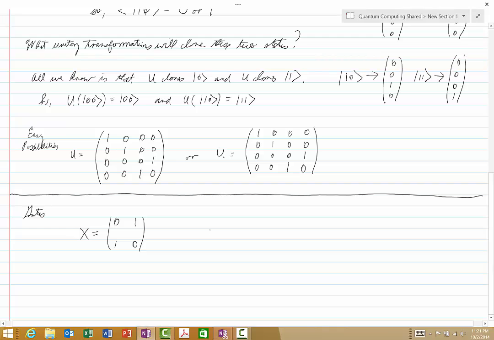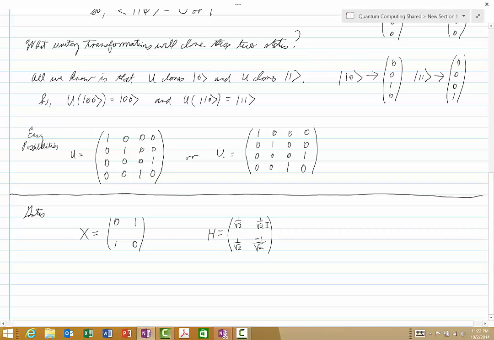And another is the Hadamard transformation, which is defined in this way: 1 over square root of 2, 1 over square root of 2, 1 over square root of 2, minus 1 over square root of 2. And so you can see that this transformation will take the 0 ket to 1 over square root of 2 times the 0 ket plus 1 over square root of 2 times the 1 ket, which is of course the same thing as the plus ket in the Hadamard basis.